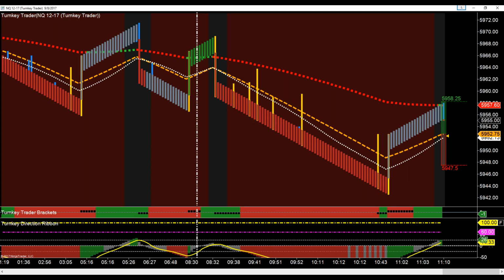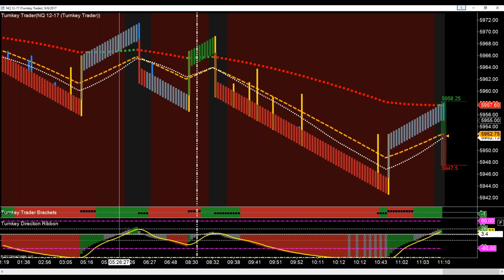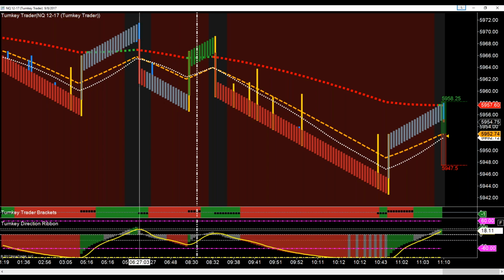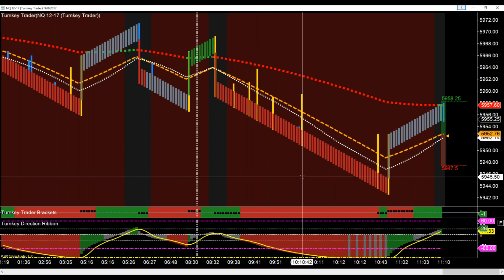This is what I like to look out for when determining chop with Turnkey Trader: my yellow line is just bouncing around here in between the 25s. It's not really going to extremes. There's not really any strong sign of a trend. So I would pass this one up. It was just after news, but we did pass this one up in the office, mainly for that reason. It didn't come from an extreme.